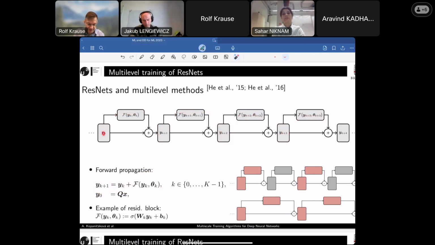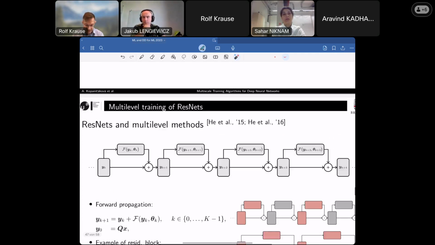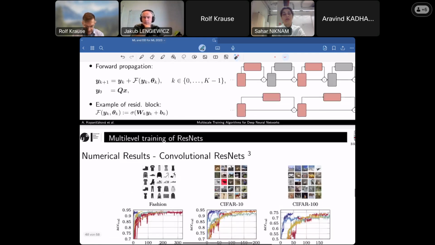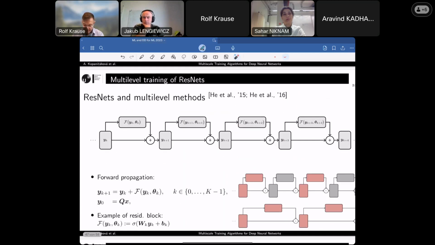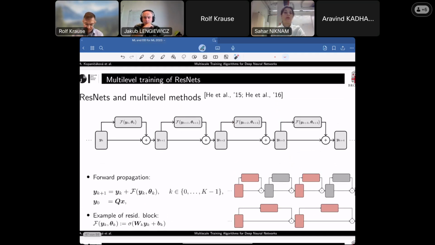So you have an initial iterate, you make a correction step, you get a beta iterate, make a correction step, and so on. You can nicely interpret this structure as a type of ODE.